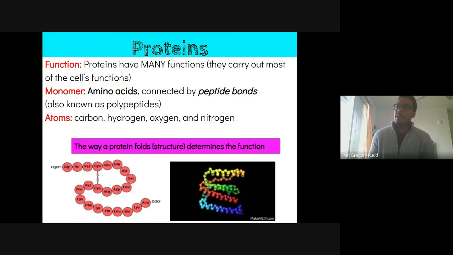And then the atoms that make up a protein are carbon, hydrogen, and oxygen yet again. So we've got those same three atoms in all four of our biological compounds. But here we also add nitrogen.